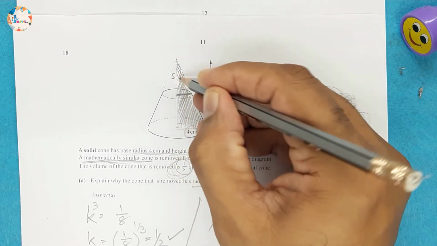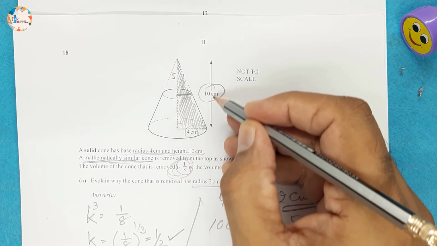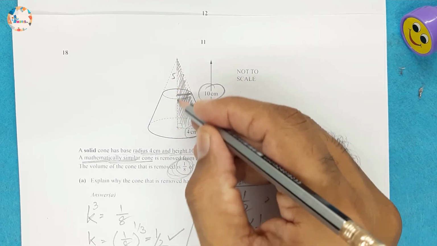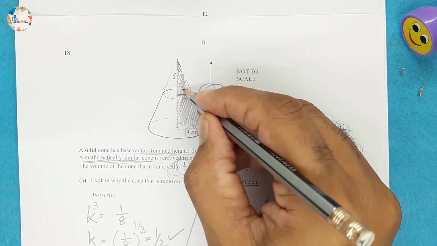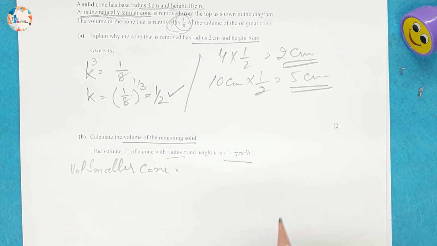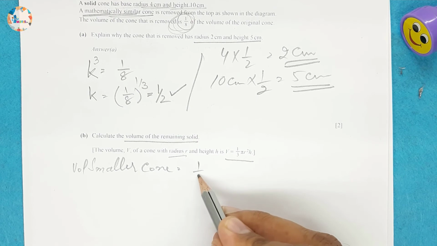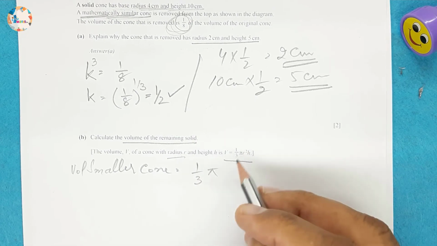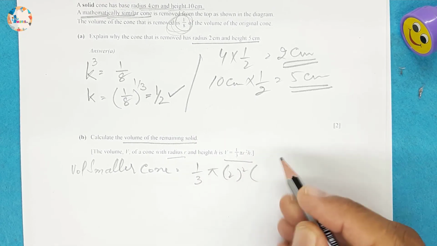So this is 5, and the perpendicular height of the bigger one is 10. So this will be 5, and this side is 2. So we can use this in the formula. This will be 1 by 3 pi r squared, meaning 2 squared, into h, which is 5.